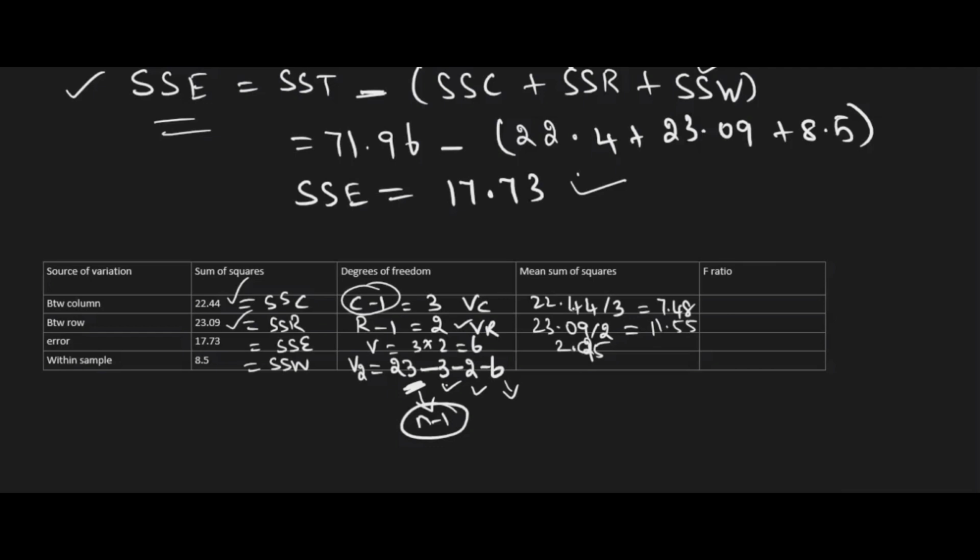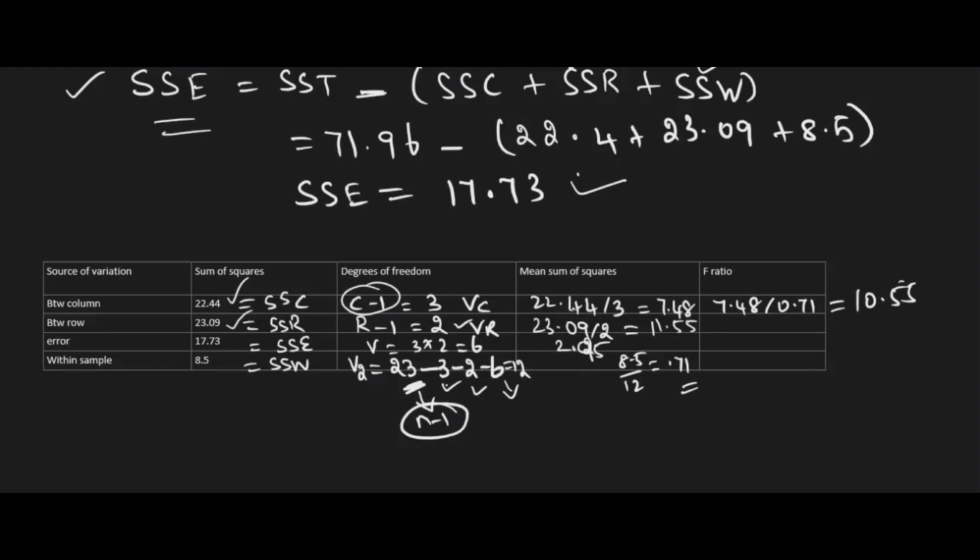What is this value? 23 minus 6, minus 3 minus 2, 6 is nothing but 12. So the last column is 8.5 divided by 12, which is 0.71. So now we have to calculate our F ratio. So 7.48 divided by 0.71. This value we have to calculate. This is nothing but 10.55.